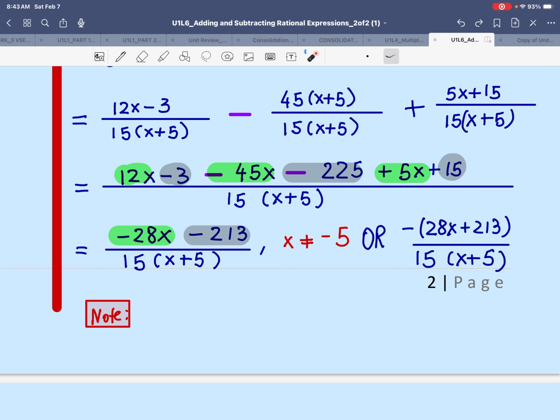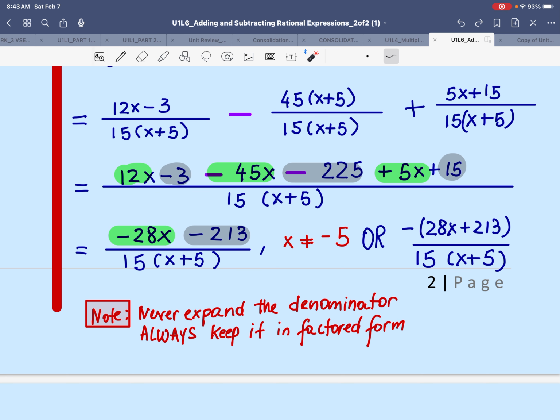And the reason why we want to keep the denominators in factored form is because at the end, we always look for that factored form of the numerator, because we always look for possible common factors of numerator and denominator. And when the denominators are in factored form, then they are in what we call ready to simplify form, right? So never expand the denominator, and we always want to keep it in factored form, or as we want to call it, in a ready to simplify, if possible, form.